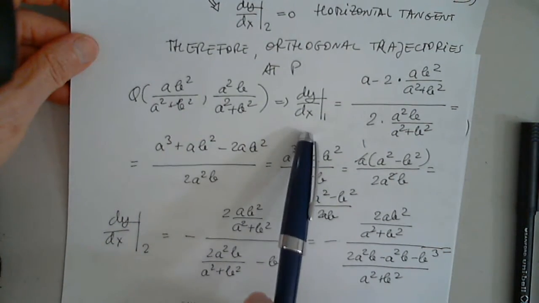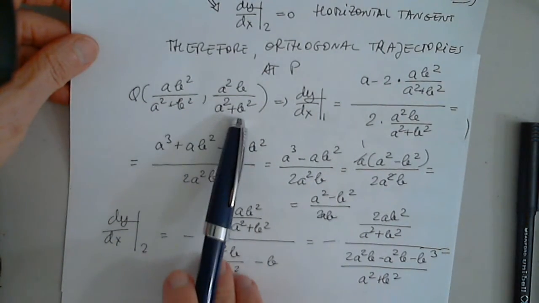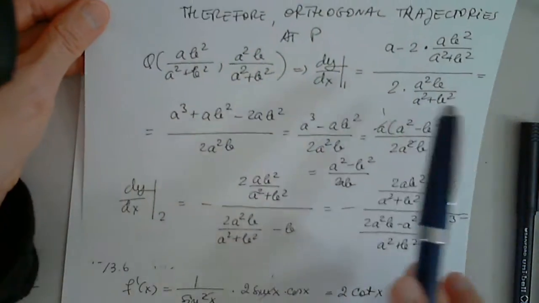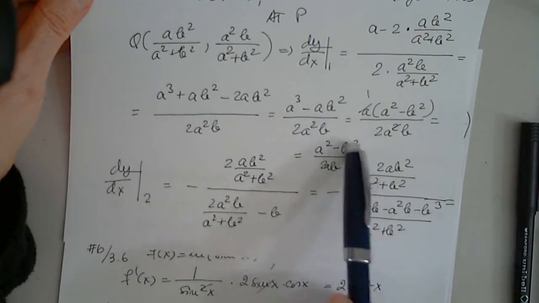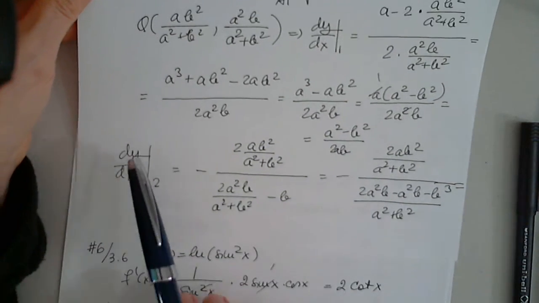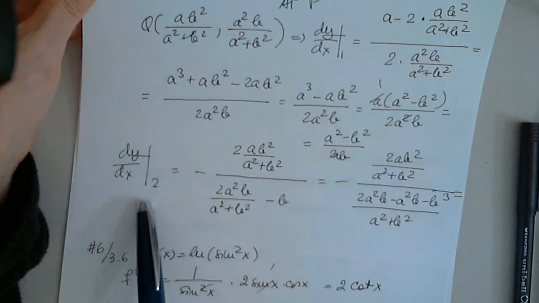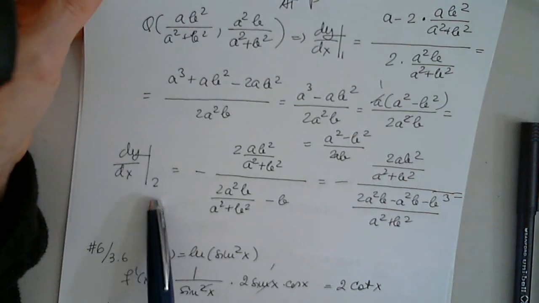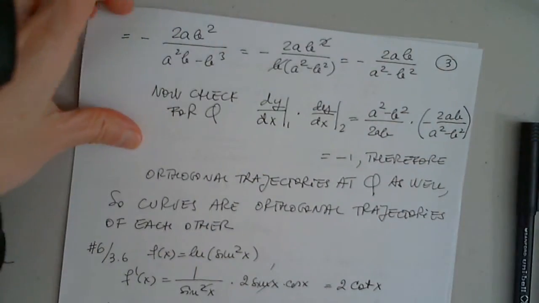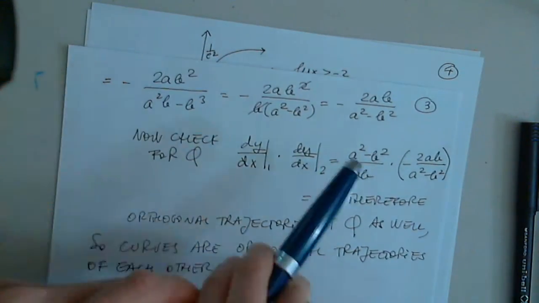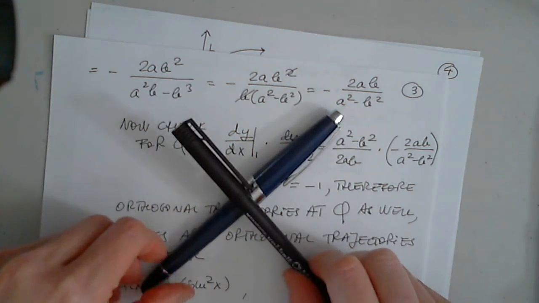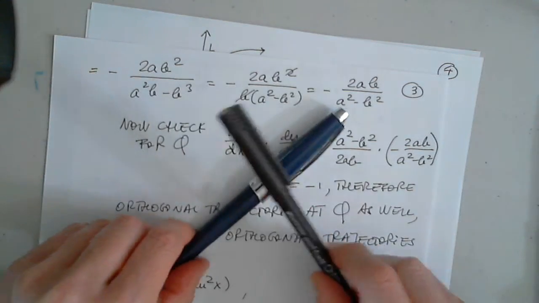So I plug in this x and this y into dy over dx, and after all simplifications, I get this. And I find dy over dx for Q for the second curve, and after all simplifications, I got this. And we know that two lines are perpendicular if the product of the two slopes equals -1.